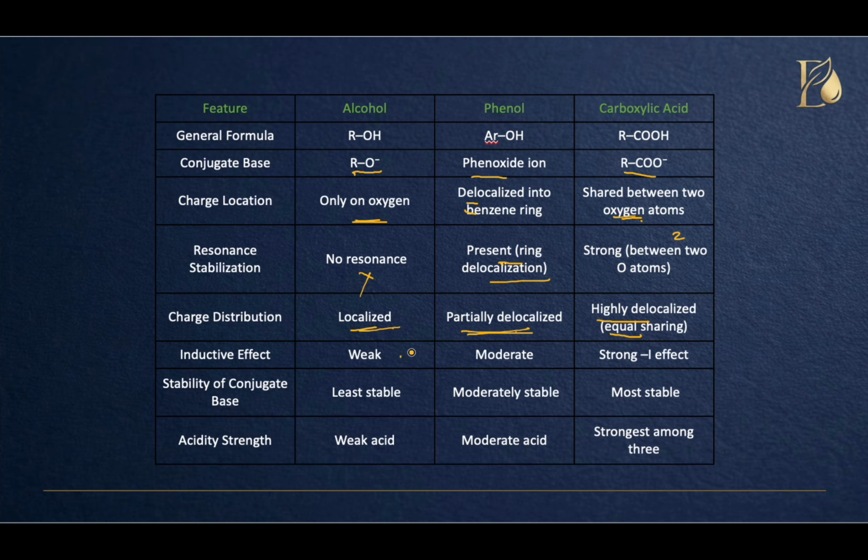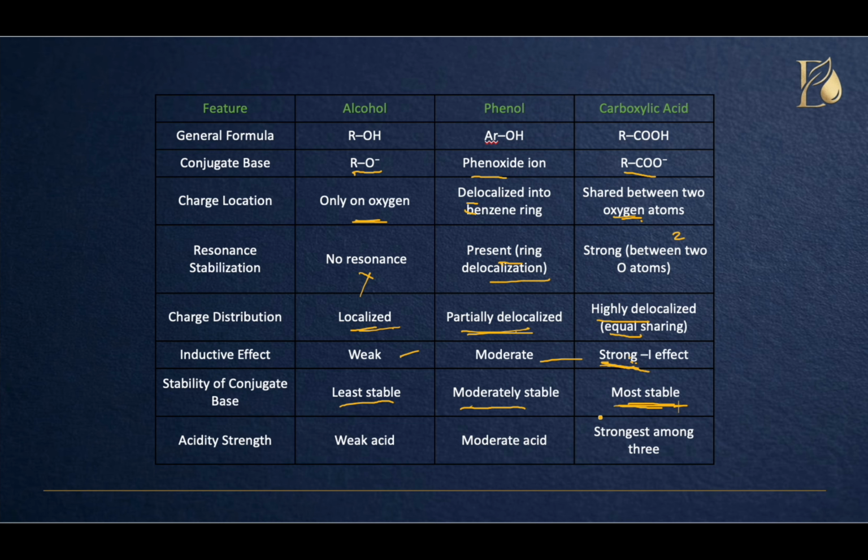In alcohols, the inductive effect is very weak, while in phenols it is moderate, while in carboxylic acids there is a strong minus I effect, right? Then what is the stability of the conjugate base? Because of all these reasons, alkoxide ions are less stable, while phenoxide ions are moderately stable. At the same time, carboxylate ions are the most stable.